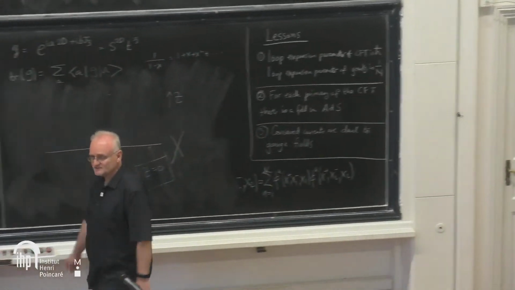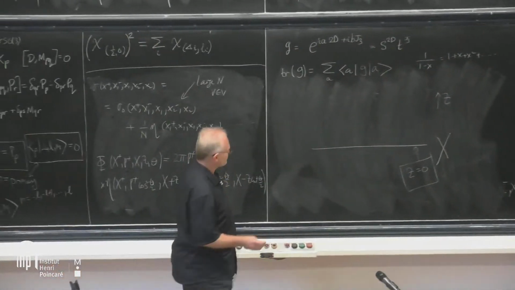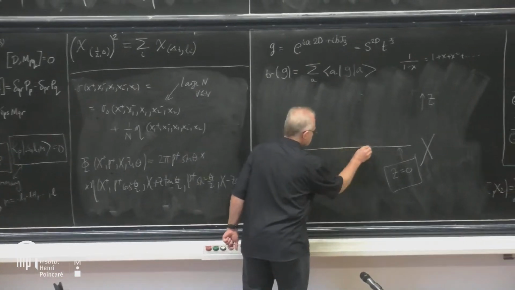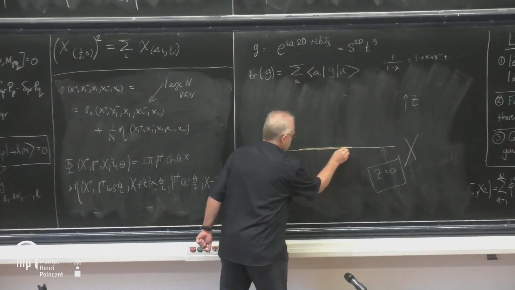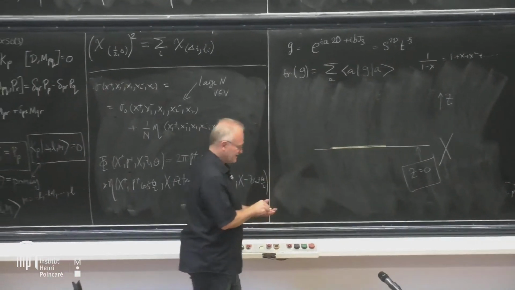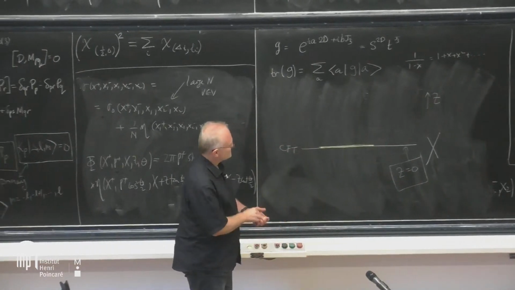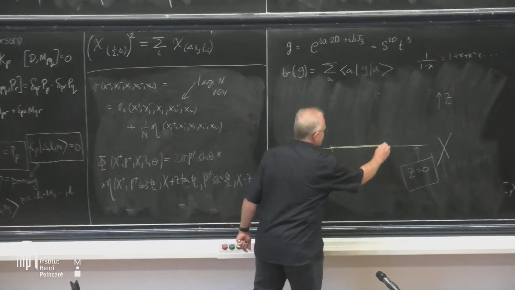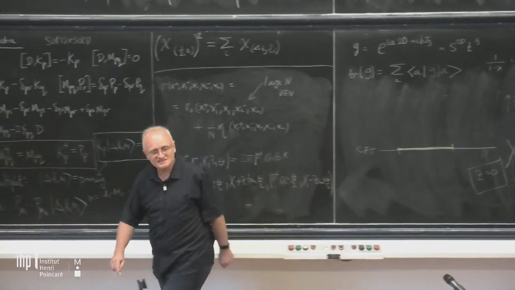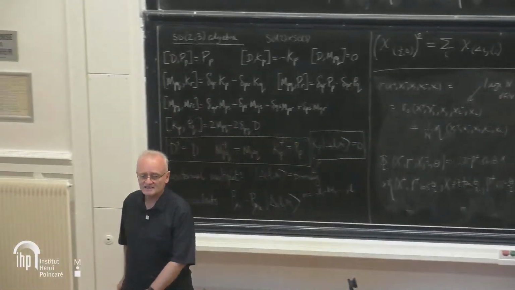And what you can do is you can study an interval over here. So this is where the CFT lives. And you can say, I'm not going to take the whole CFT. I'll only take the CFT inside this interval over here.